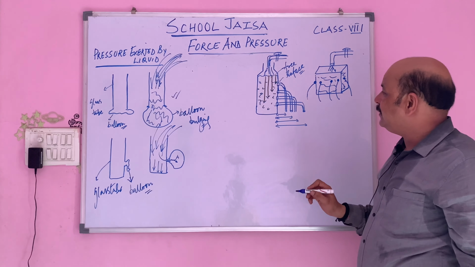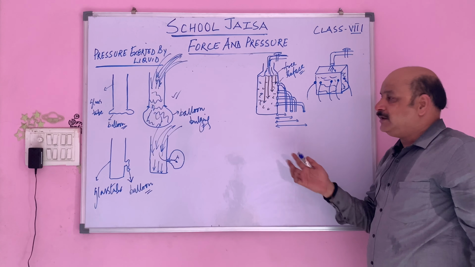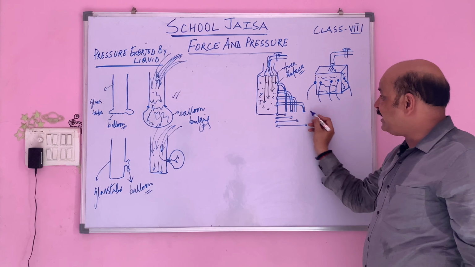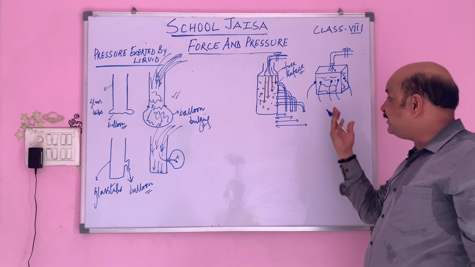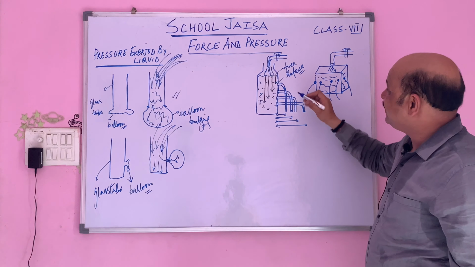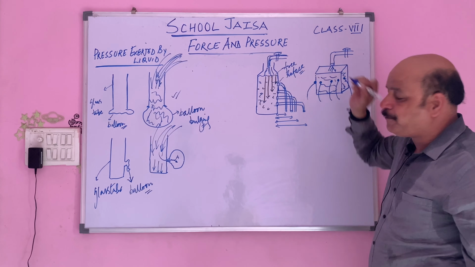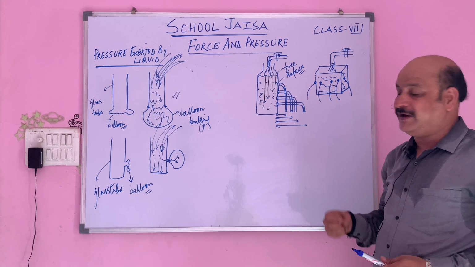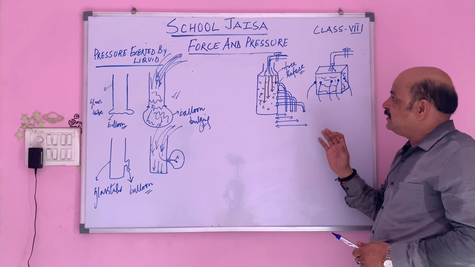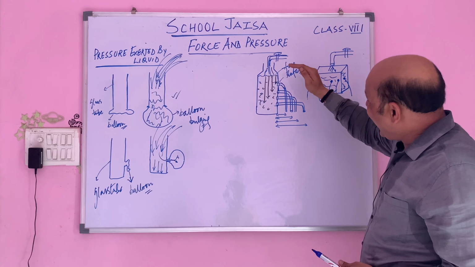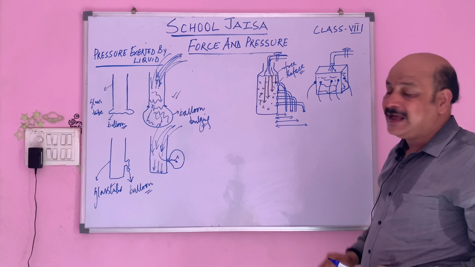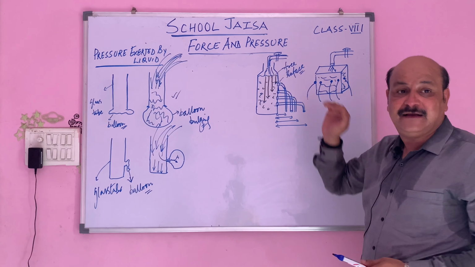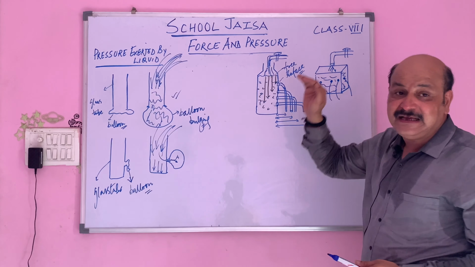Because we see that the water which gushes out from the bottom hole falls at a greater distance, whereas the water coming out from the top hole covers a very small distance when it falls on the ground. So it tells us that as the depth increases from the free surface of the liquid, the pressure increases.